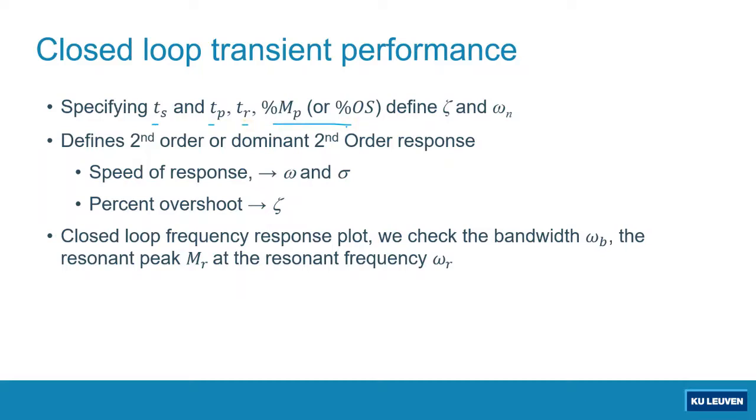And if you still remember, in one of our videos, we concluded last time that these 4 features, settling time, peak time, rise time, and percent overshoot, can be characterized by zeta and omega n. So TS, TP, TR, and percent overshoot are all functions of zeta and omega n.